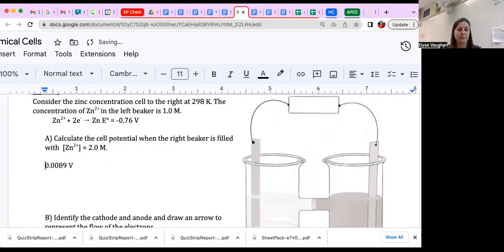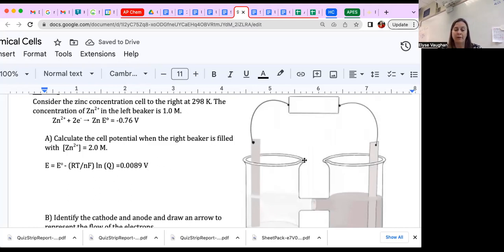And so that's coming from the equation E equals E standard minus RT over NF times the natural log of Q. And so that equation gives us a very small cell potential, but there is a cell potential there.